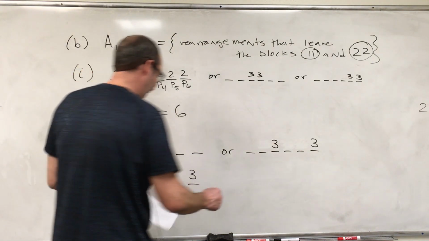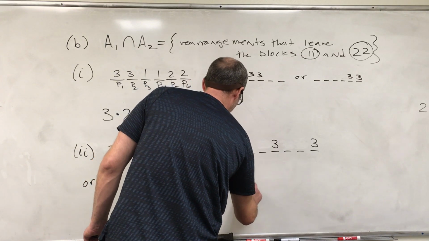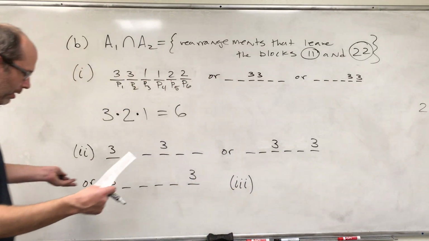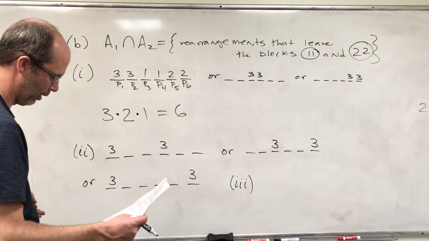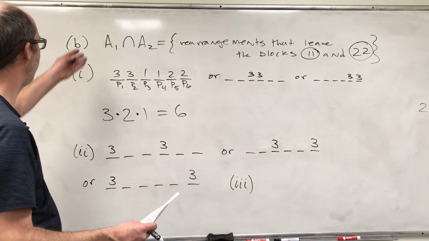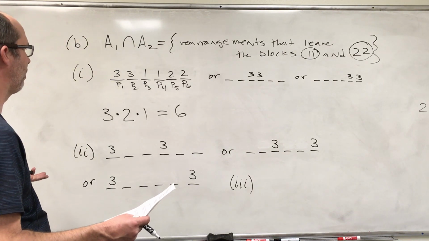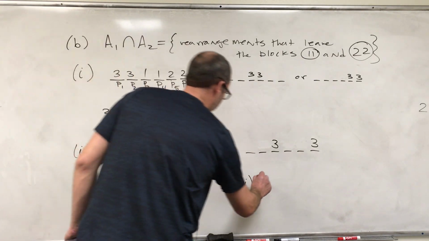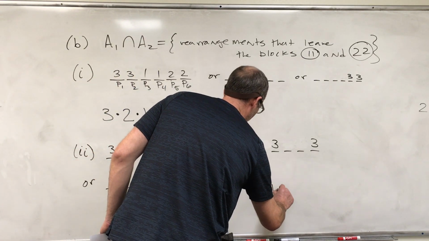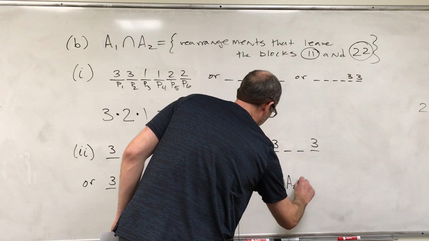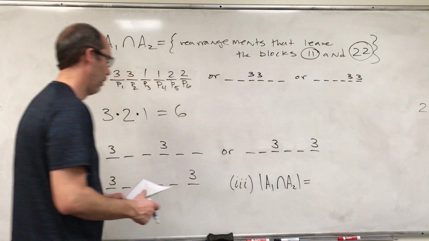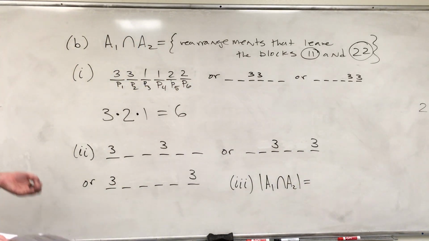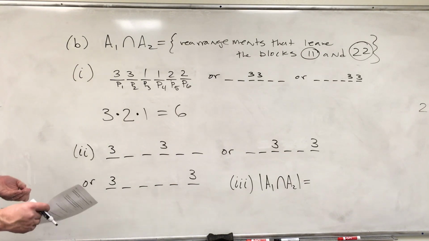Okay, so part 3. Using both of these parts now, we're going to count all the things that can be in here, right? So we have 3 different situations, or 2 different situations. A1 intersects A2. Here we're basically using inclusion-exclusion again.